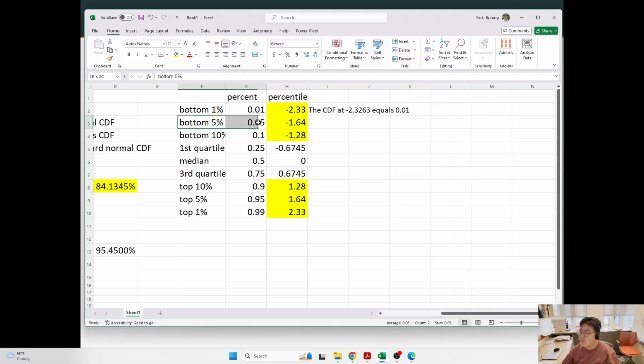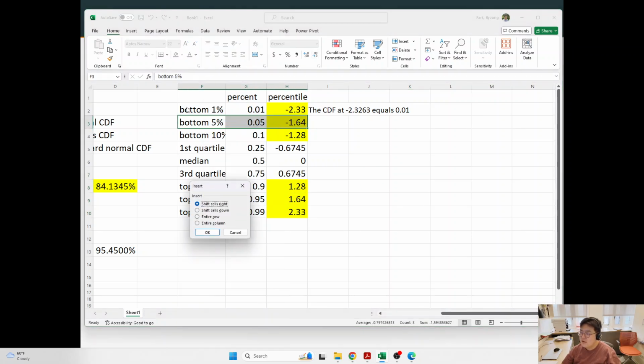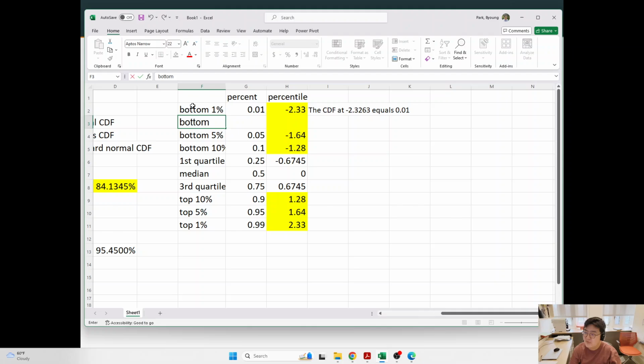And just to add one more, what's more important is the bottom 2.5%. This will be often used. And if you have taken another statistics course, I guess this number should be familiar to you, right?